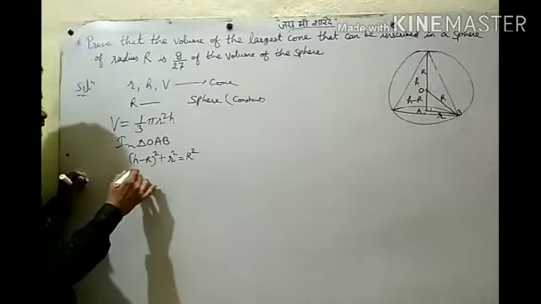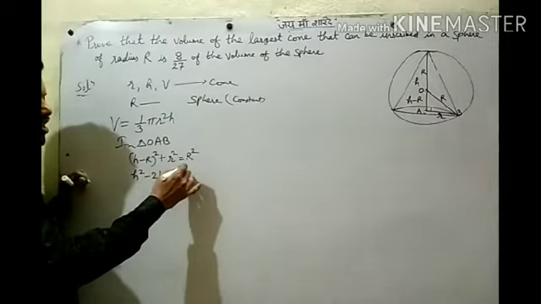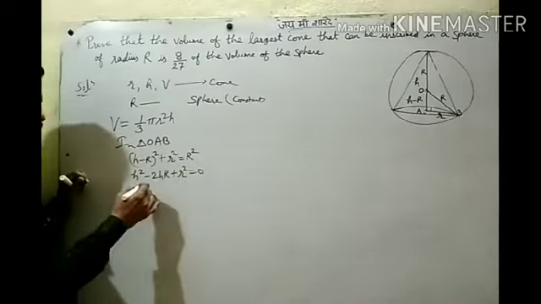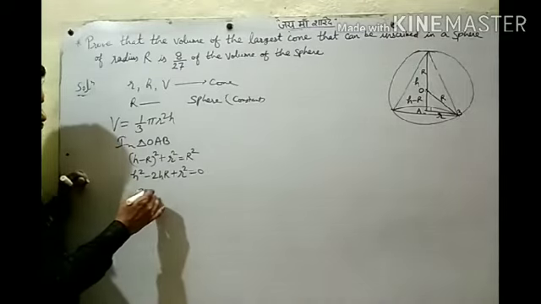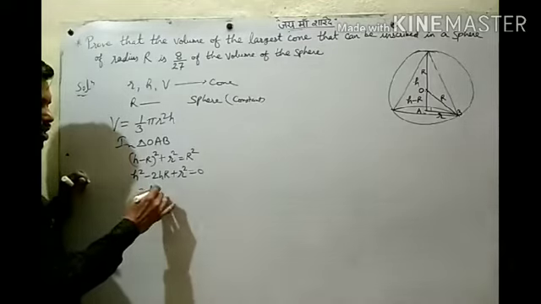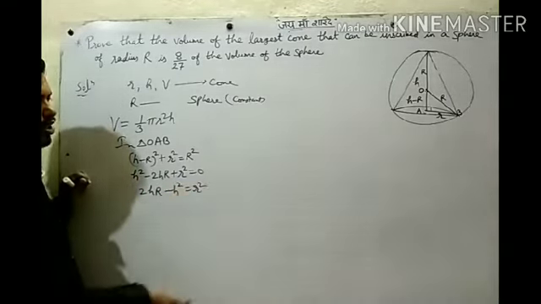Simplifying this, we get h square minus 2hR plus R square plus r square equal to R square, so R square cancels out. From this we can say 2hR minus h square equal to r square.